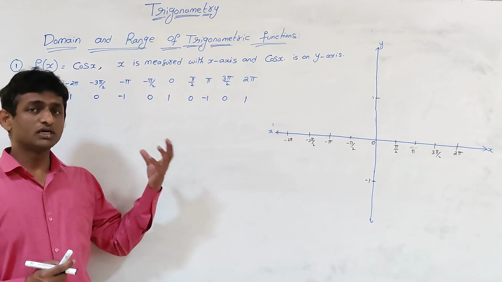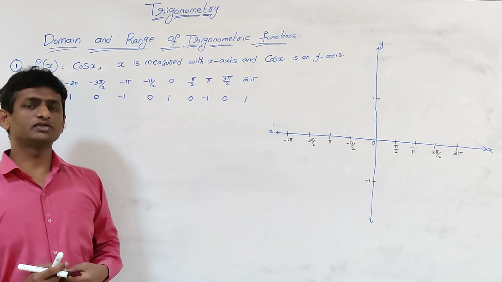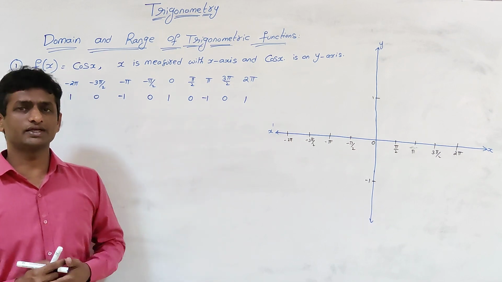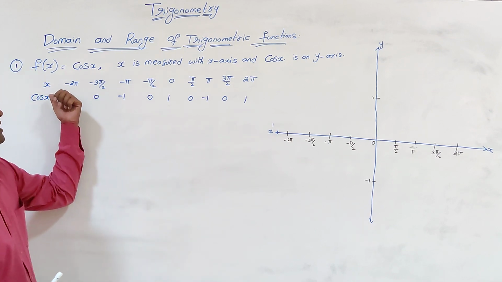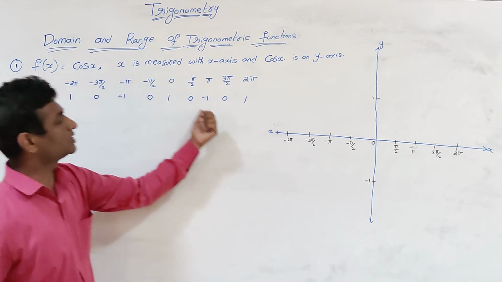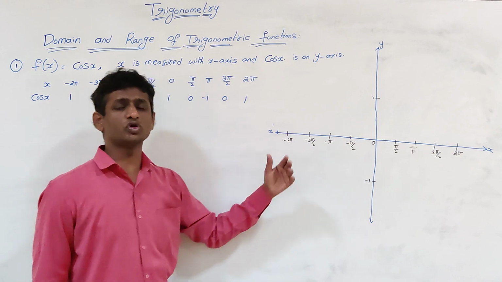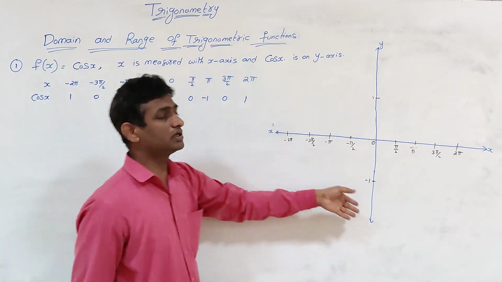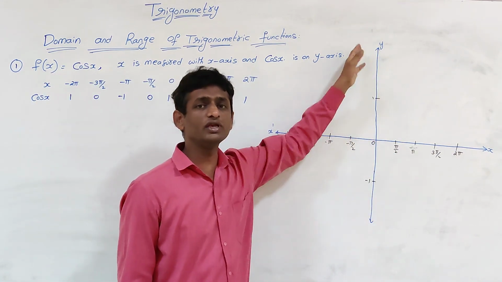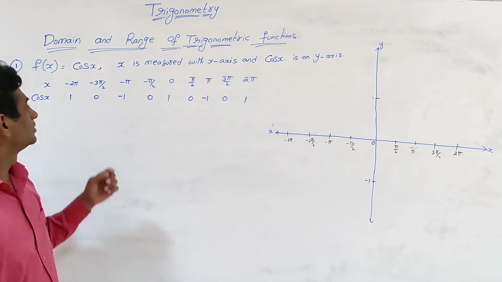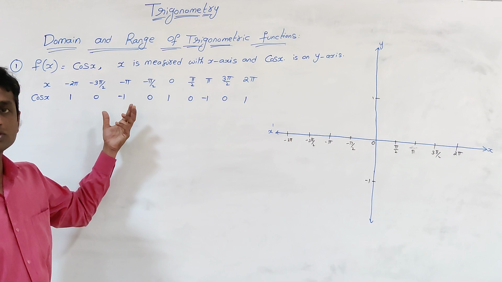We'll take one set of values in the anti-clockwise direction and one set of values in the clockwise direction also. So by taking the random values, as x is measured on the x-axis, means the set of all inputs on the x-axis, and cos x, the set of all outputs, will be on the y-axis. Now we'll see the cos x by taking some random values.